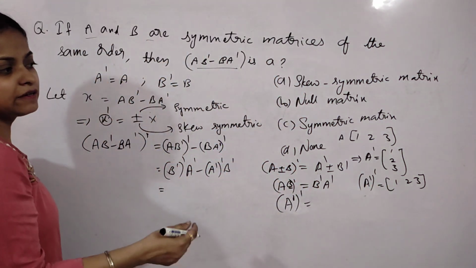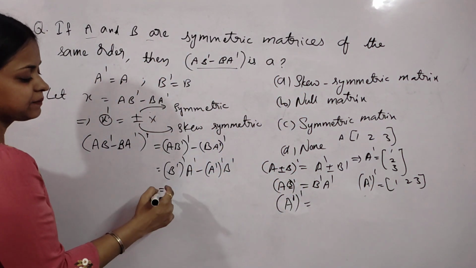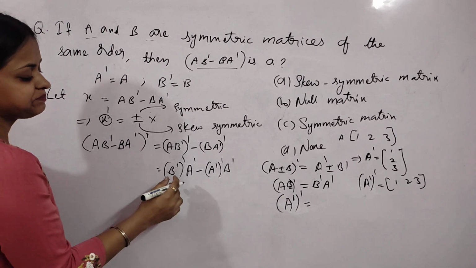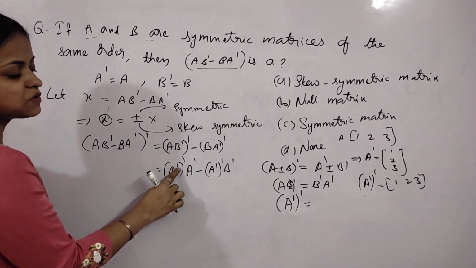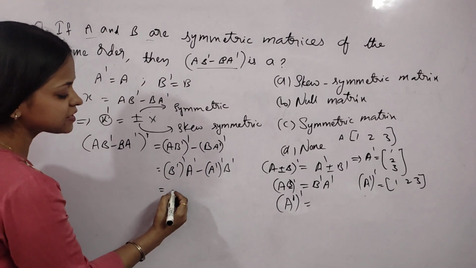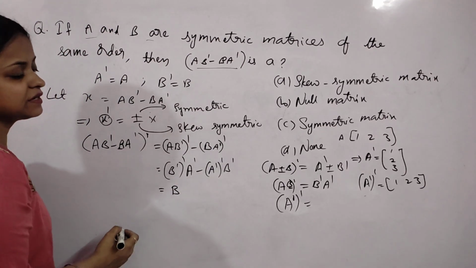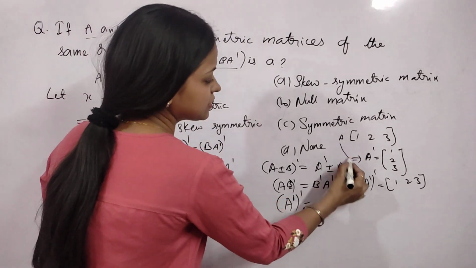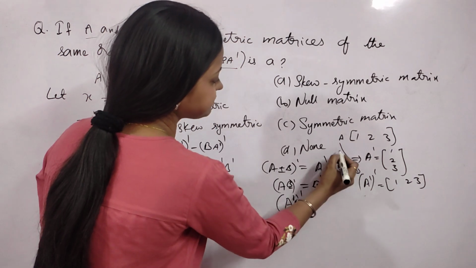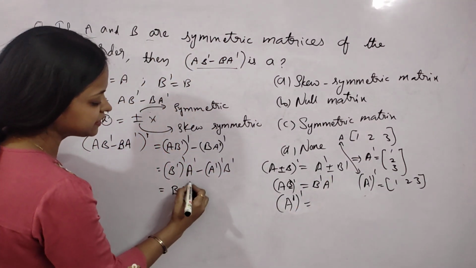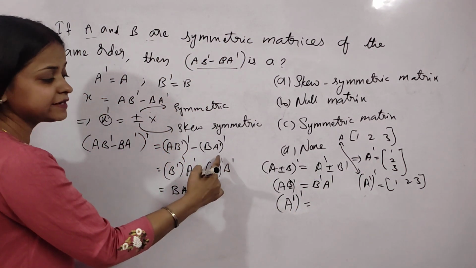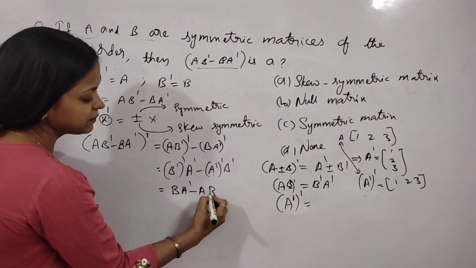So transposing two times gives the same initial value. So B transpose transpose is B, and A transpose transpose is A, giving BA' minus AB'.